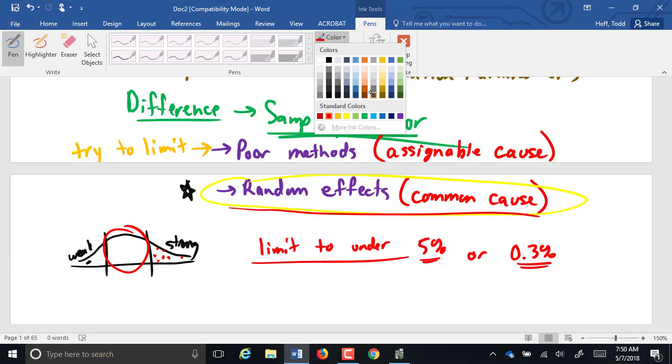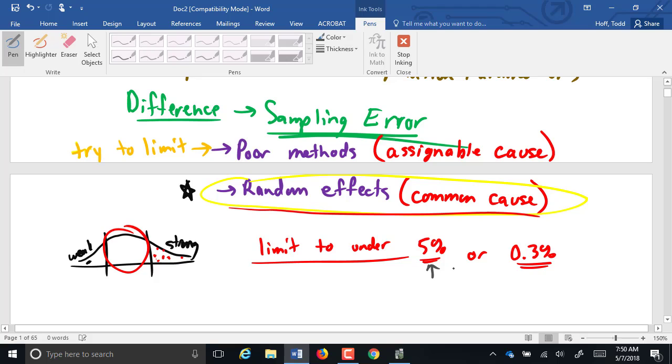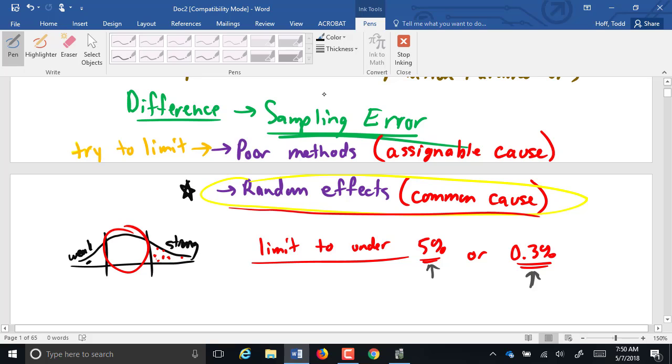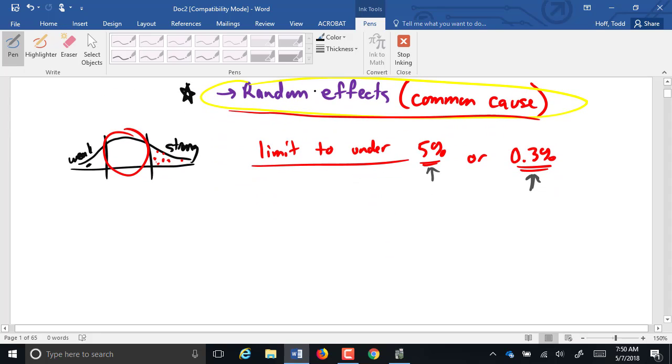The old practice was 5%, trying to limit the chances of a sample altering your results to 5%. You guys heard of Six Sigma training in industry? It's a big group that goes around and does quality control training in a lot of manufacturing sets. They shoot for 0.3%, but they try to limit it to. And all it is just a different standard and some different techniques for trying to limit it. We'll see where those percents fall into place here in the next couple of days.